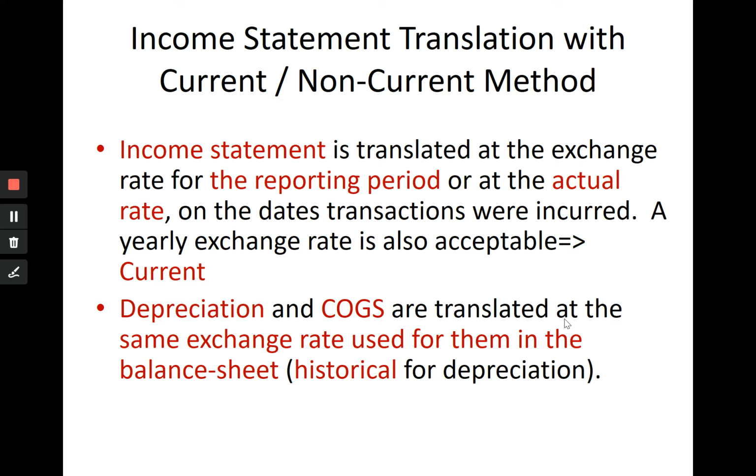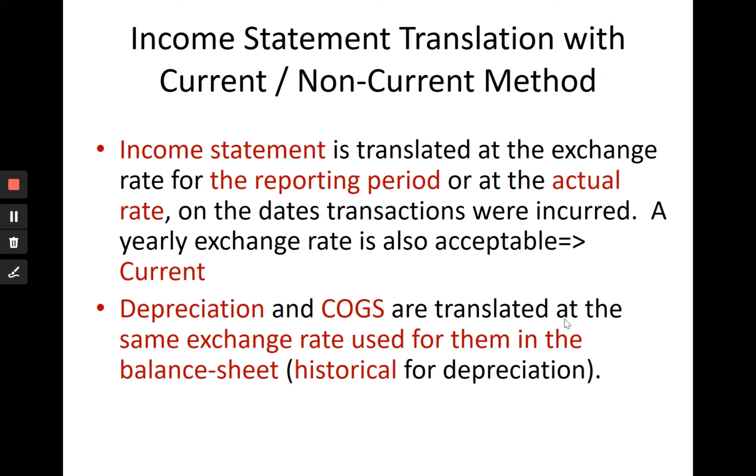Depreciation and COGS. COGS stands for cost of goods sold, and this is the raw material cost, variable cost, and fixed variable cost only that goes into the production. These are translated at the same exchange rate that we use for them in the balance sheet.